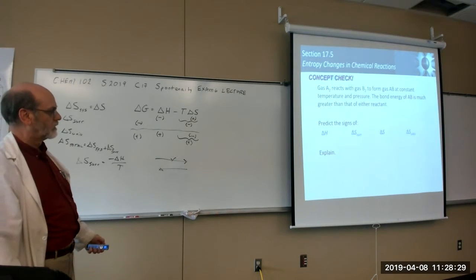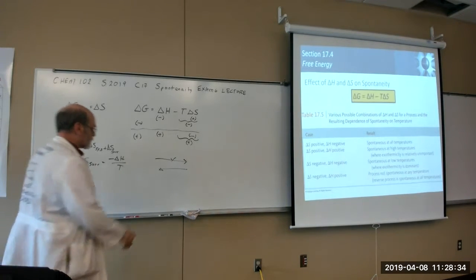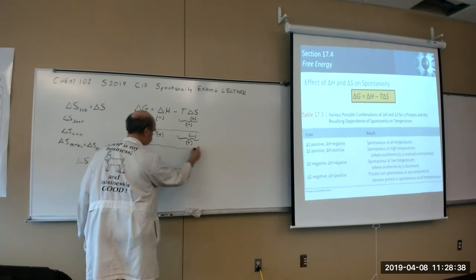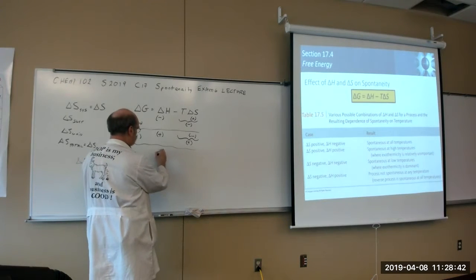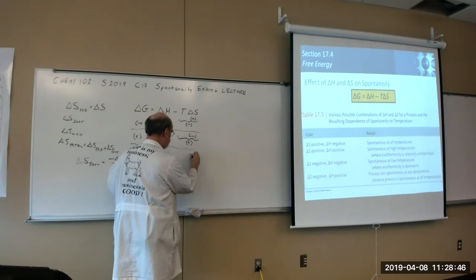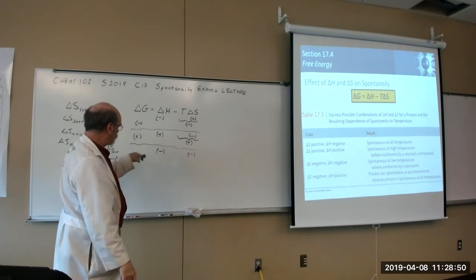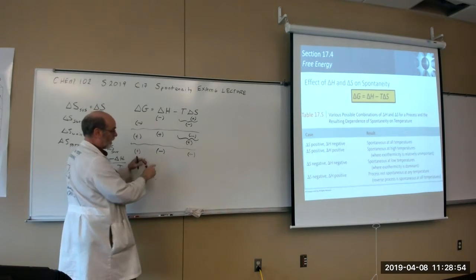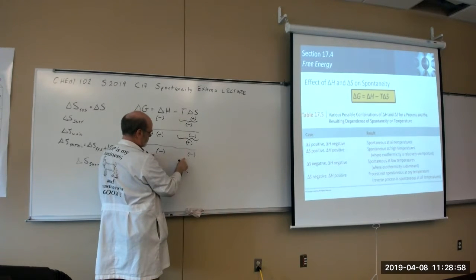Oops. There we go. Now, for the other two, they're conditional. So if delta H is negative and delta S is negative, under what circumstances would this be positive? Well, that's going to be negative, right?